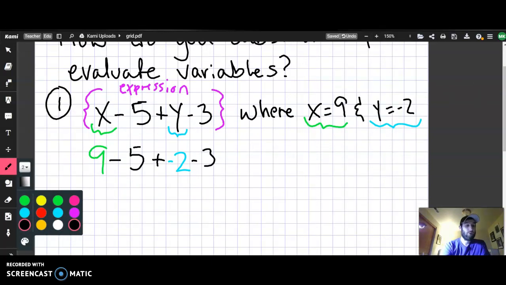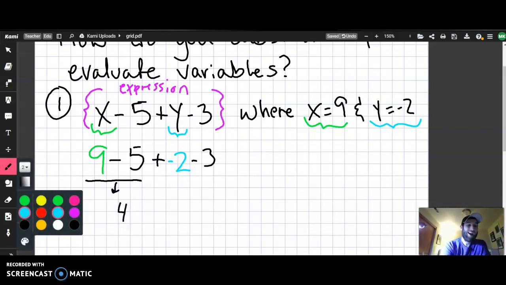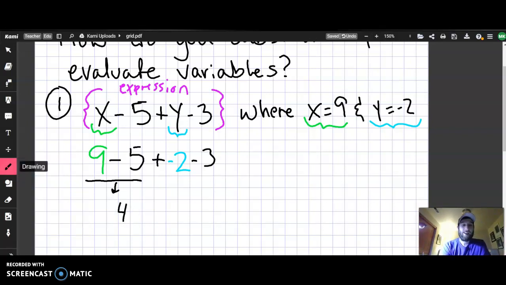And so, step by step, we'll just go left to right. 9 minus 5 first. So that 9 minus 5 we can write as 4. Now we're adding that -2. Adding by a negative is the same thing as subtraction. So I'm subtracting 2 and then subtracting 3.